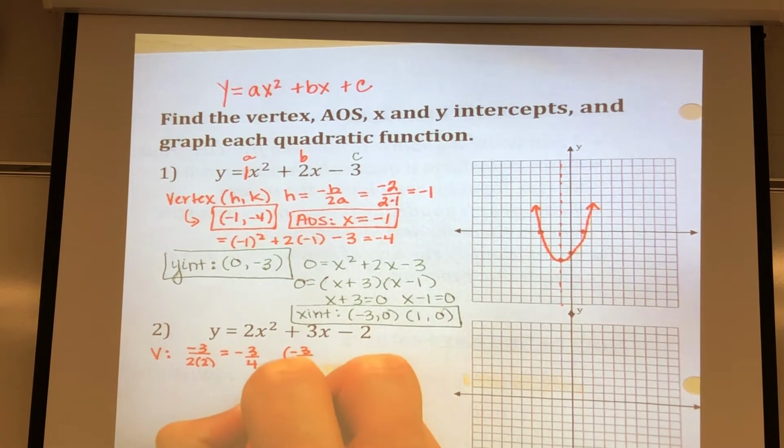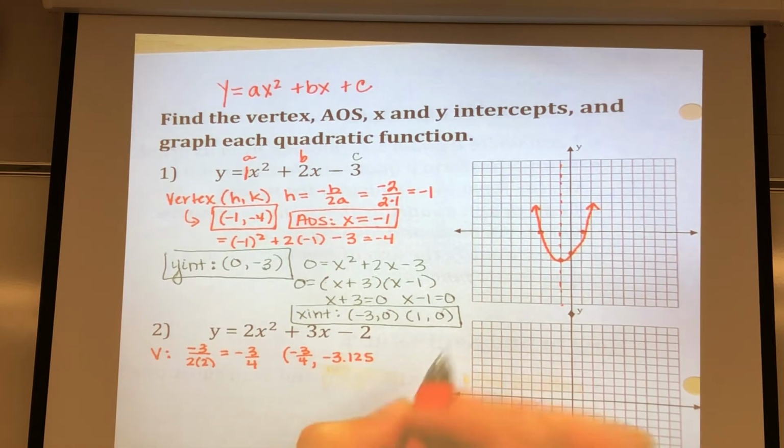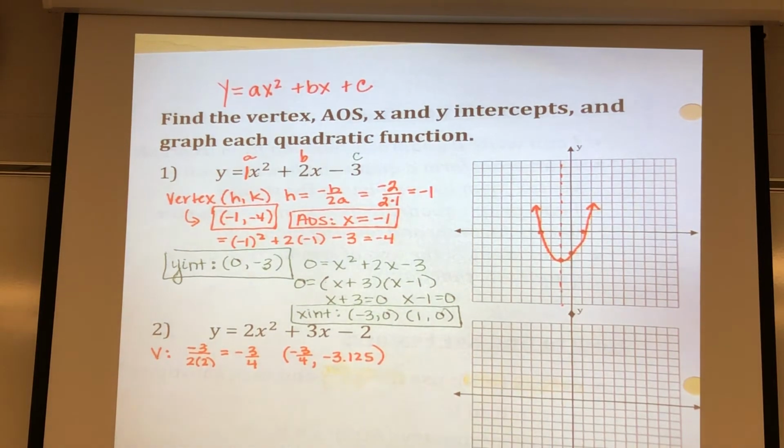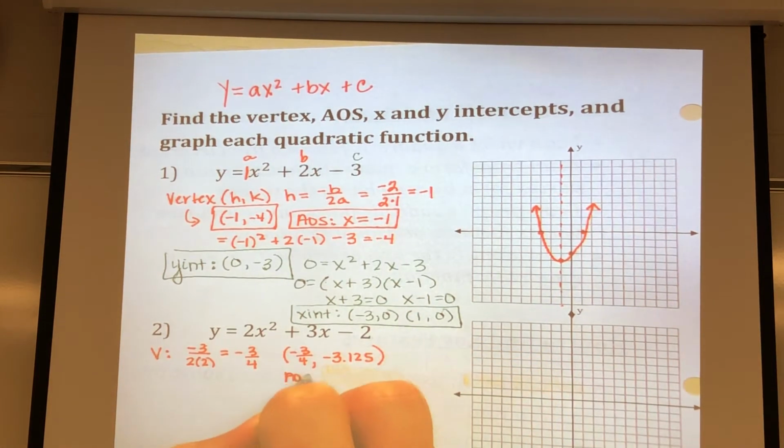We get -3/4 for our x value, and then -3, technically it's 0.125. You're not gonna be able to graph anything past 0.1. But for the exact answer, there you go. That means that's our vertex, and then our axis of symmetry is x equals that -3/4.